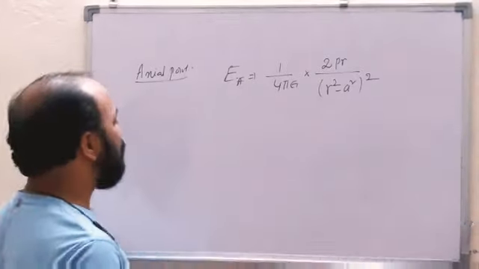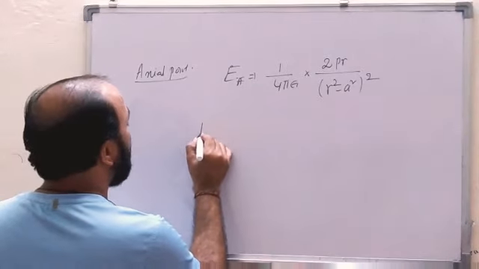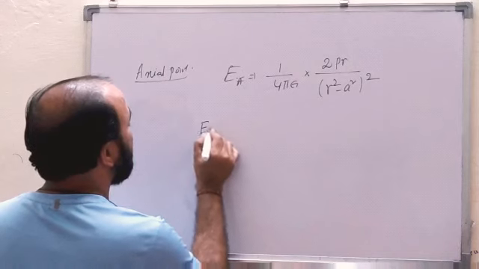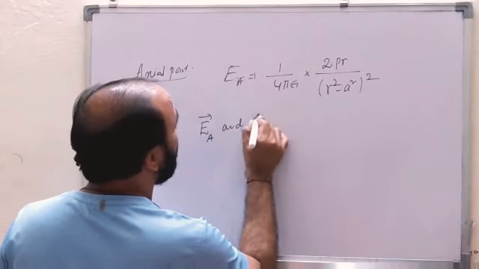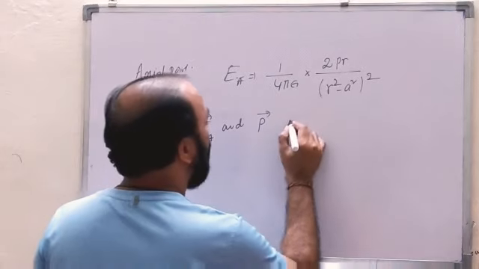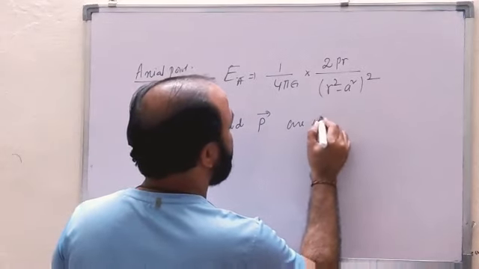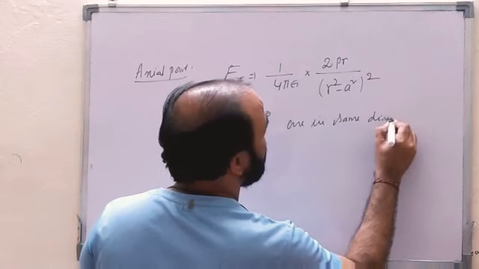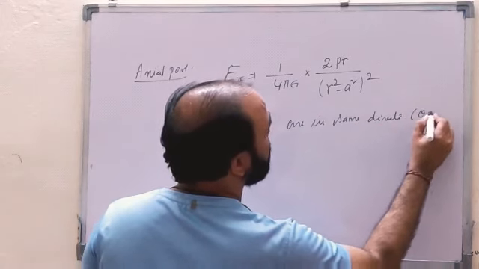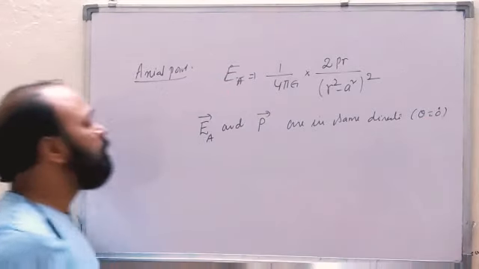Guys, here you should know one direction. EA bar means electric field and dipole momentum P bar are in same direction, means theta is equals to 0.